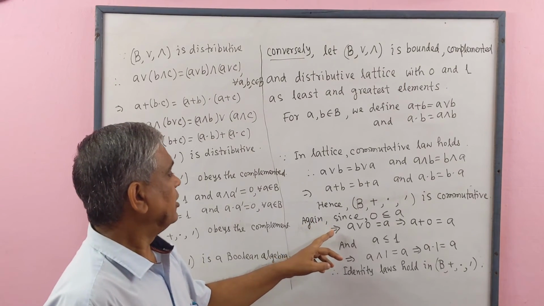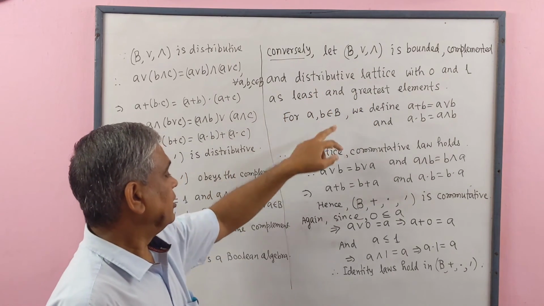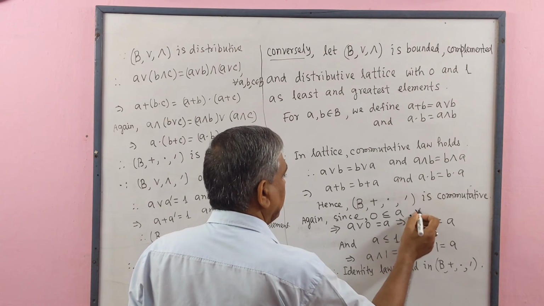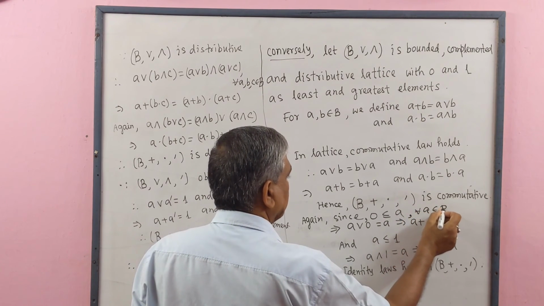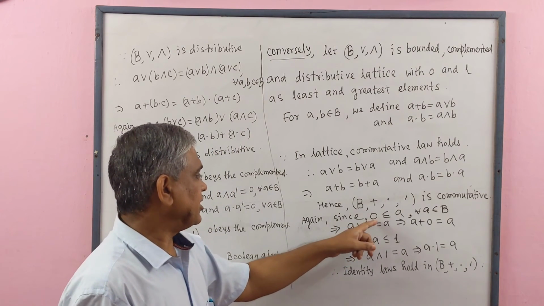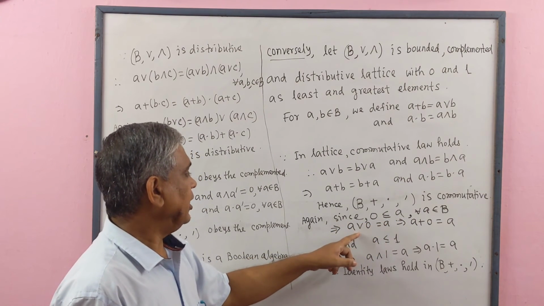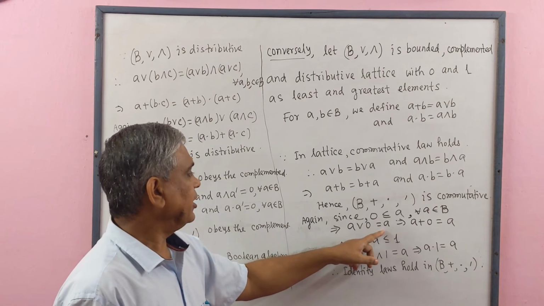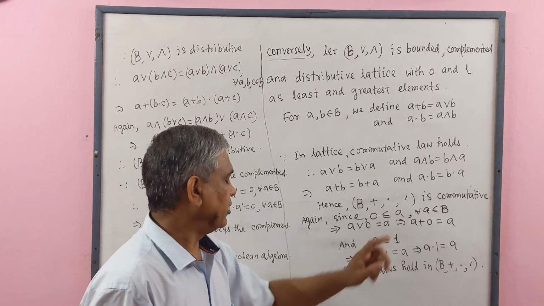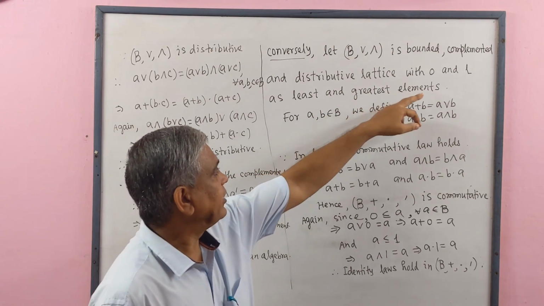Again, since 0 is the least element, therefore 0 is related to A for all A belongs to B. In lattice, if this case holds, then we know that A join 0 equal to A implies that A plus 0 equal to A. Again, 1 is the greatest element.